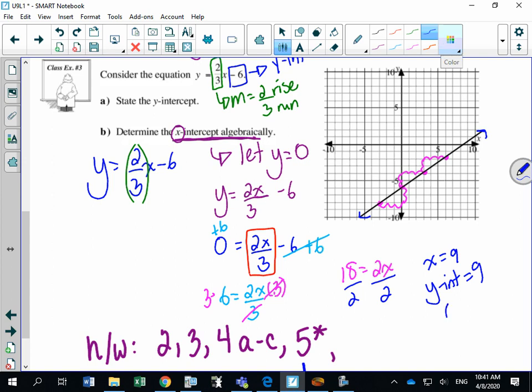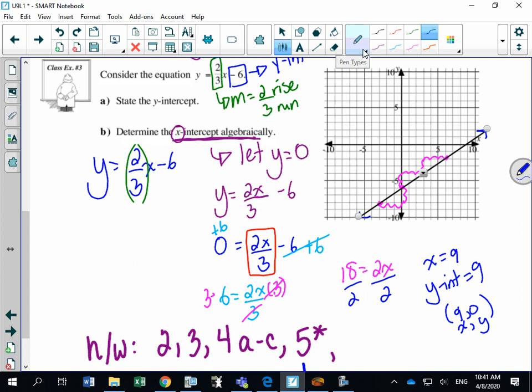And that ordered pair is, remember it's always x comma y, so that ordered pair is 9 comma 0. So if I look over at my graph, it looks like my y-intercept is slightly off, because my y-intercept should be there.